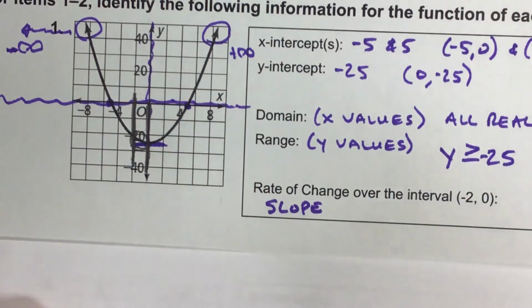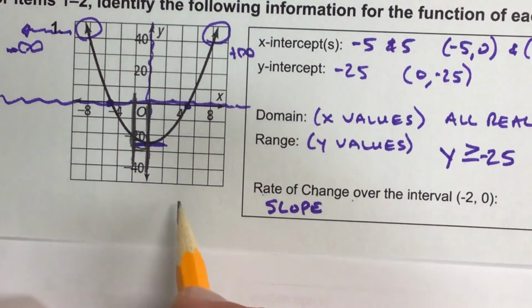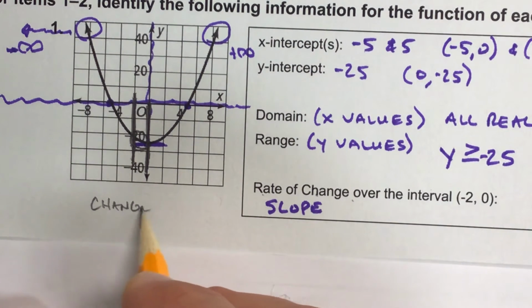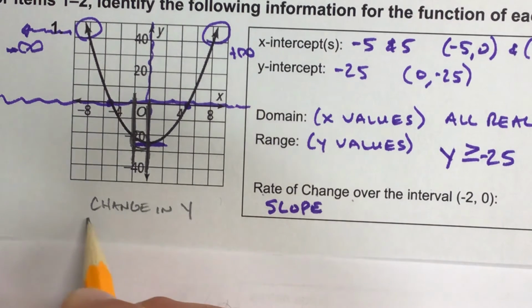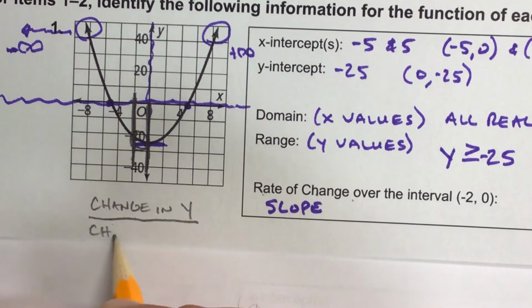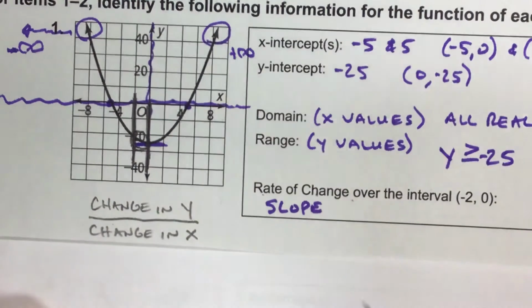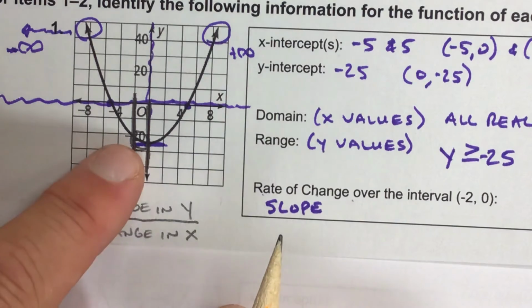So remember that the rate of change is the change in y over the change in x. The change in y over the change in x. So what is the y?